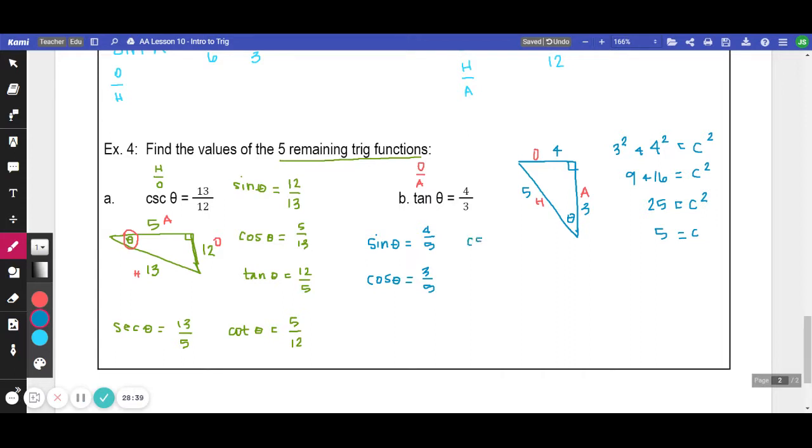So cosecant, remember that a C and an S have to go together, so cosecant is the reciprocal of sine, so 5 over 4. Secant is the reciprocal of cosine, so 5 over 3. And cotangent is the reciprocal of tangent, so 3 over 4.